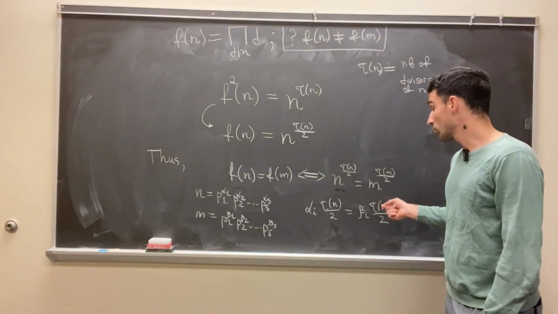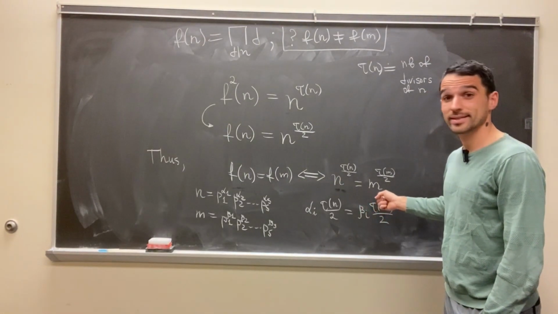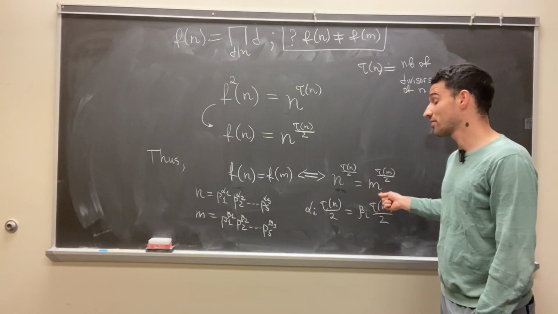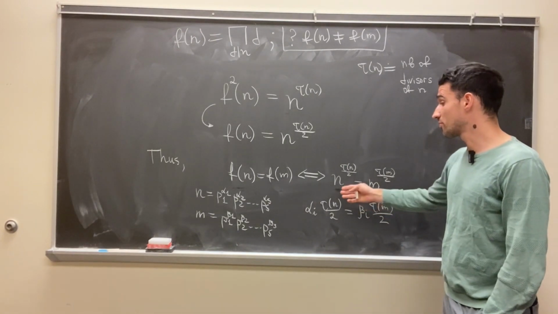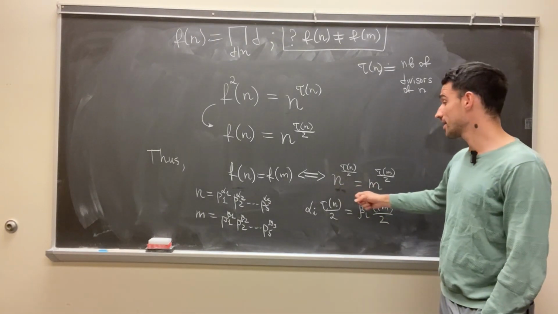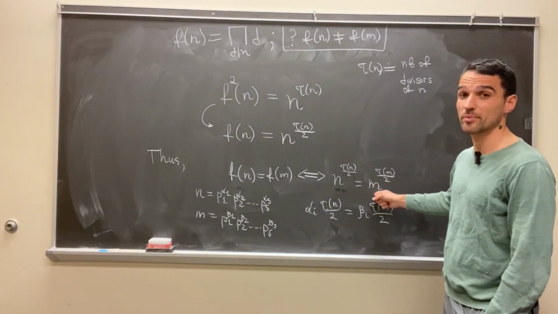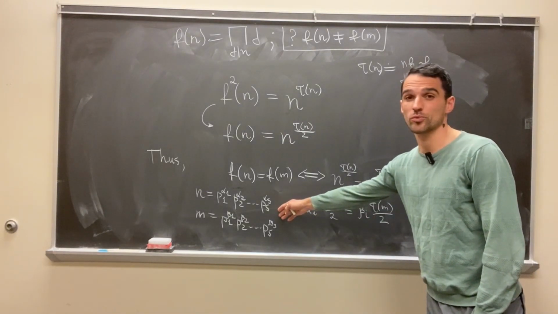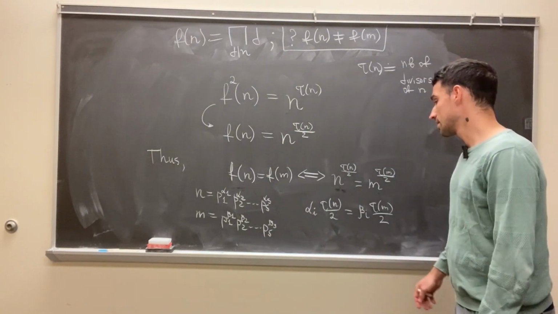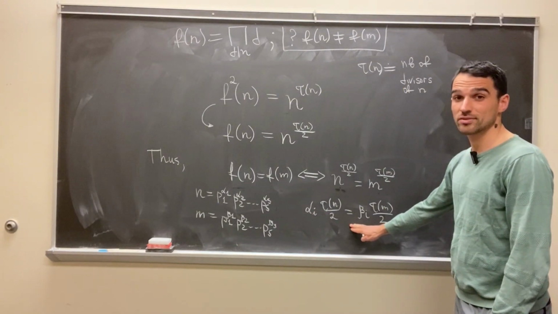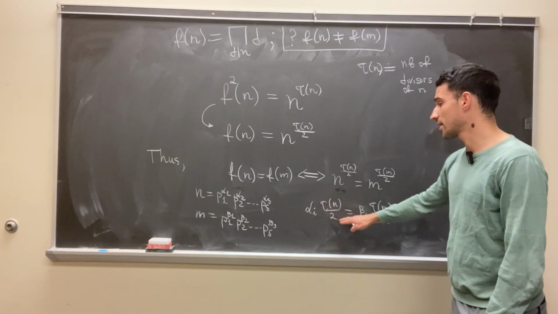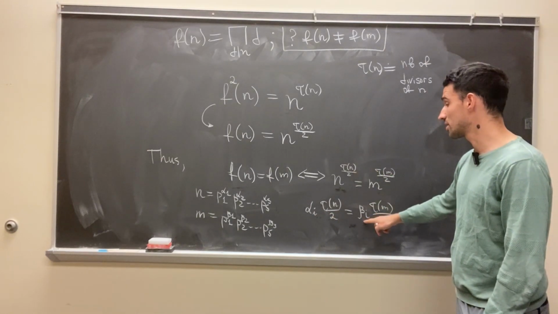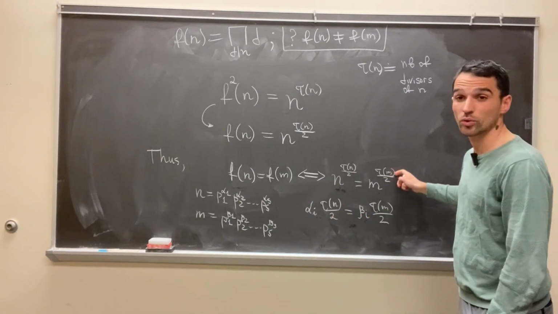Well, first of all, we should note that n and m must have the same prime divisors. Of course, if p divides n, then p must divide m too, and vice versa. So if these are the prime decompositions of the two numbers, then we must have this equation: alpha i times this exponent must be beta i times that exponent.